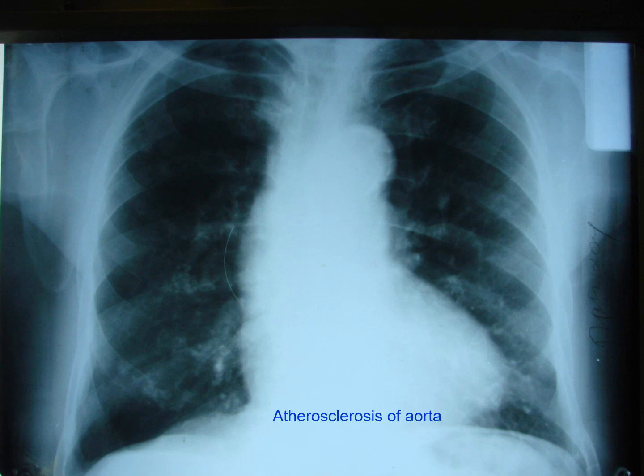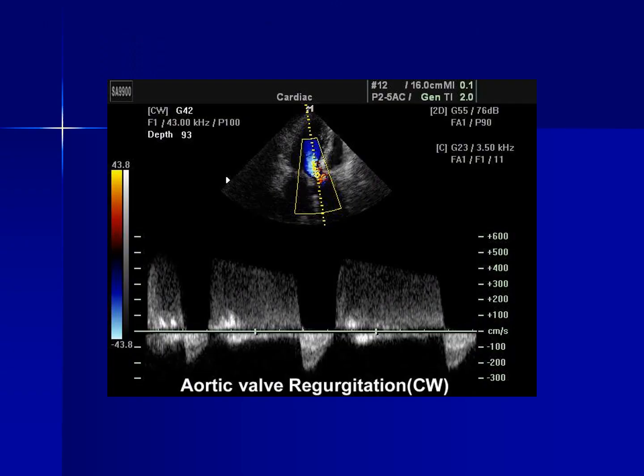The waist of the heart is underlined. Some scientists name the aortic shape of heart a boot view. It looks like a boot. And ultrasound of aortic valve regurgitation. Here it is.